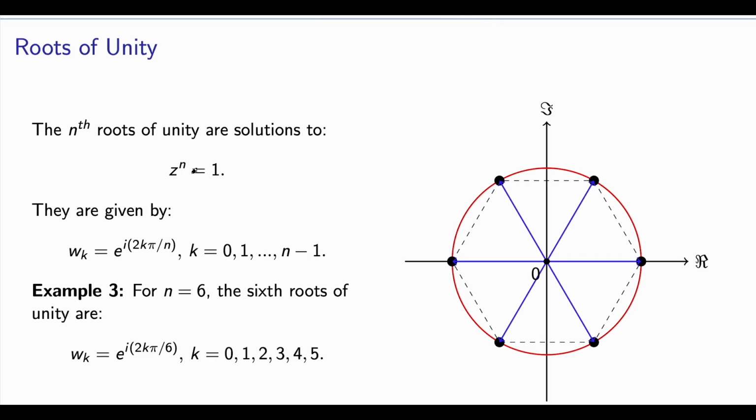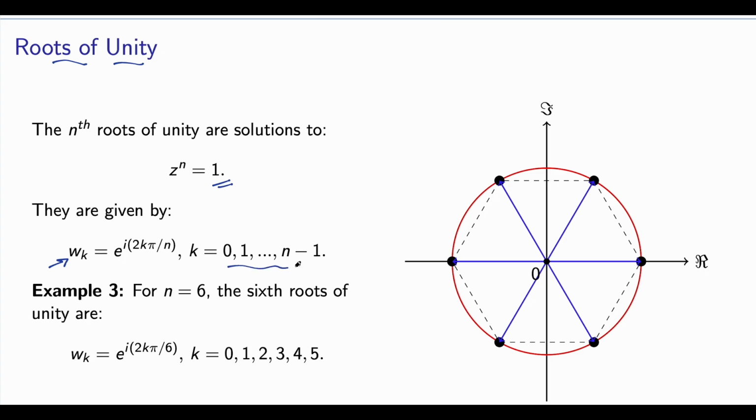Similarly, we can find the roots of unity, right? The nth roots of unity are the solutions to this equation, and w_k, as we have obtained before, is e power i 2k pi divided by n, with k equal to 0 to n minus 1.